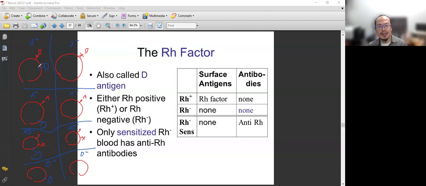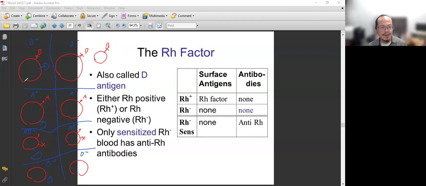But if you put the B plus to a B minus person, let's do it this way. So here is the B plus blood. So you have a B here, right? So this is B. So they are friends.